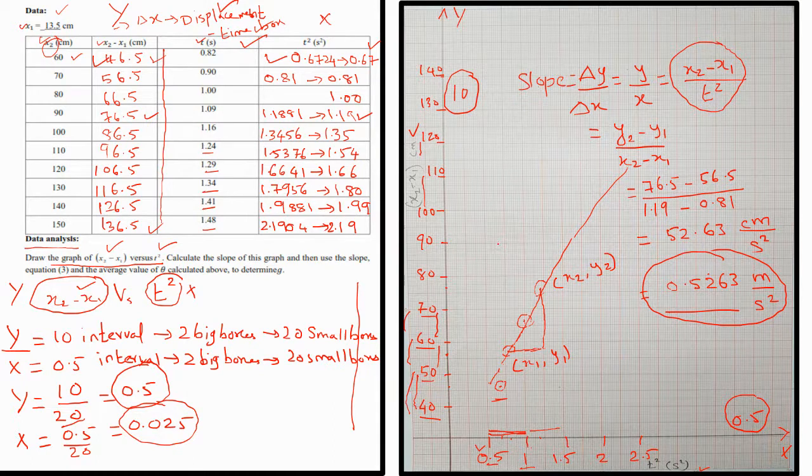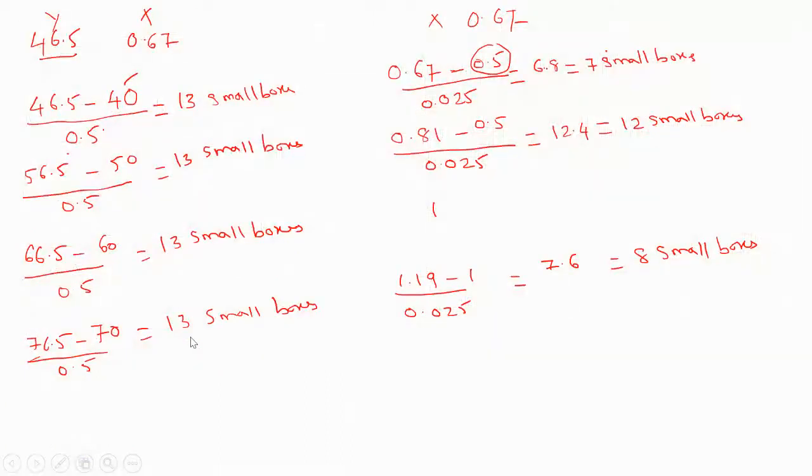So follow the regular interval. That's what I have written here clearly. In the y-axis, I follow a regular interval of 10. In the x-axis, I follow an interval of 0.5. To find the individual value, you have to divide your interval by the number of small boxes. You will get this value for the calculation. Clear? Yes. Any other question?